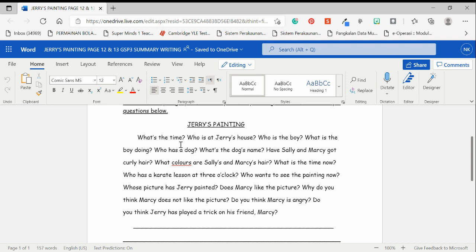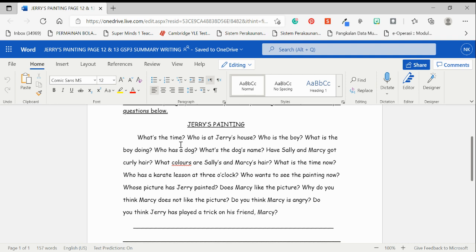Okay, what's the time? Let me check the Get Smart Plus 3 students book. You have to see all these questions are actually based on the 4 frames.